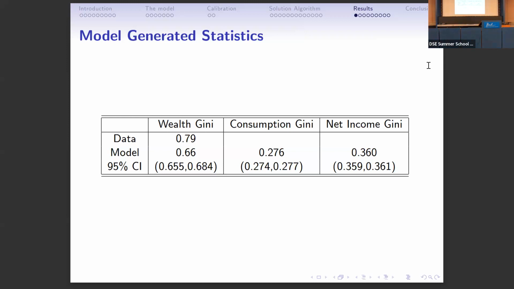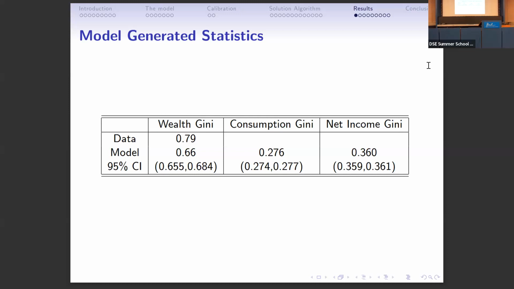These are model-generated statistics for the wealth, consumption, and net income Gini. In the data, the wealth Gini coefficient is 0.79. This model can generate a high degree of wealth inequality easily.